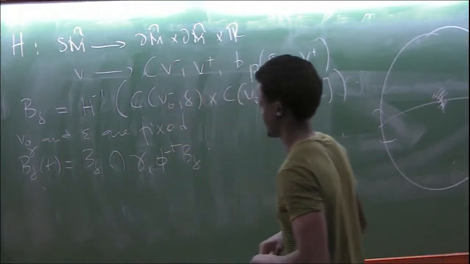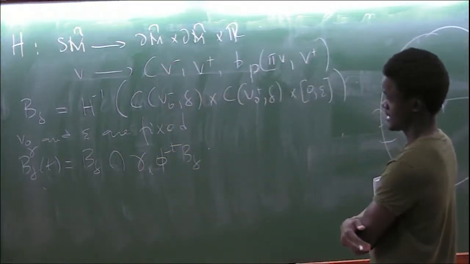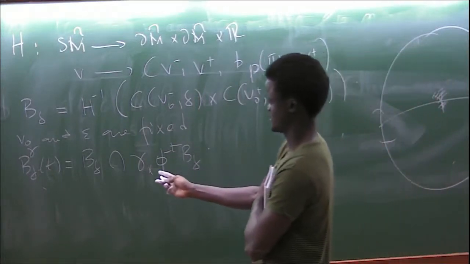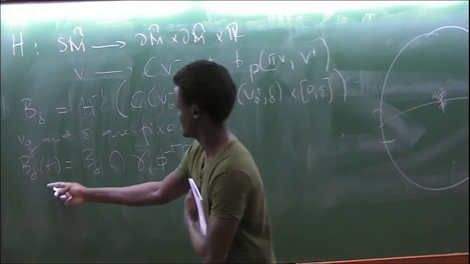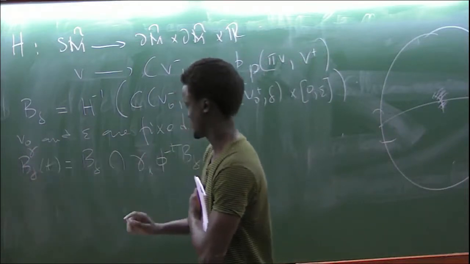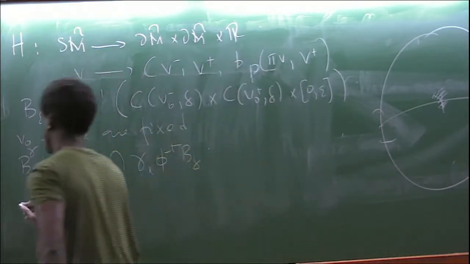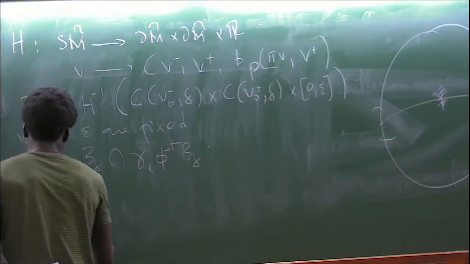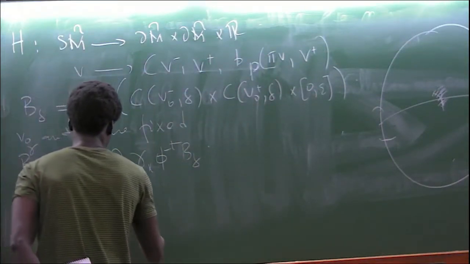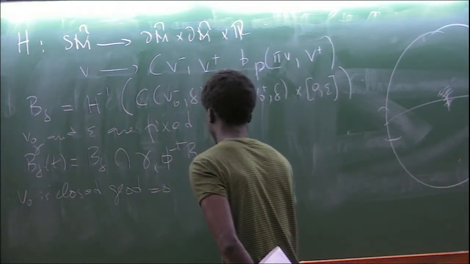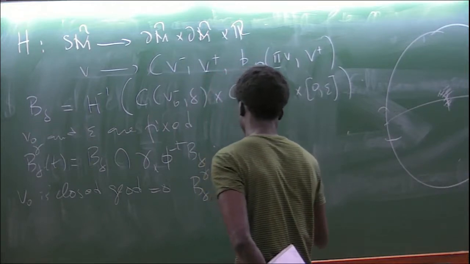So if I have a closed orbit, this intersection won't be empty. So V0 closed geodesic implies that B_delta of the size of gamma is not empty.